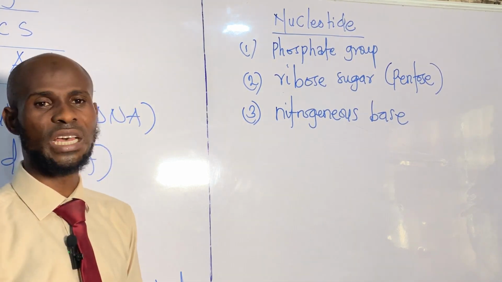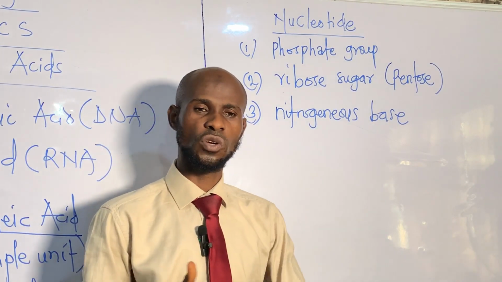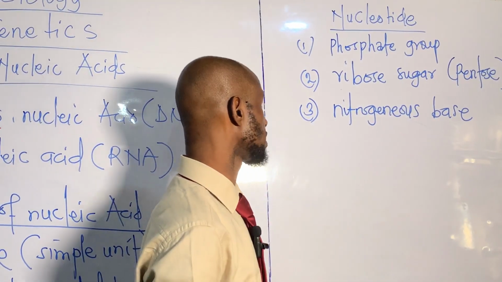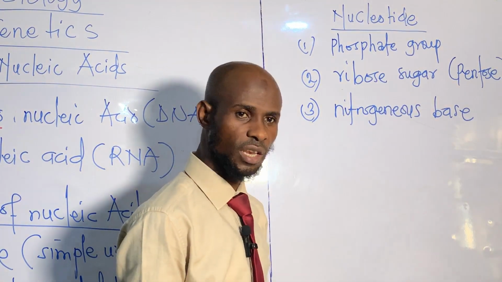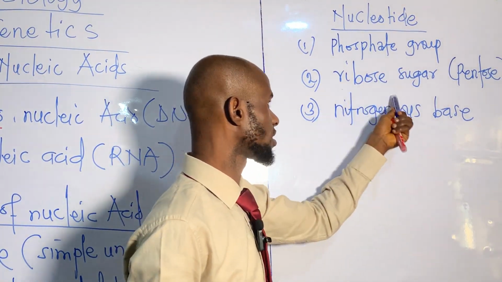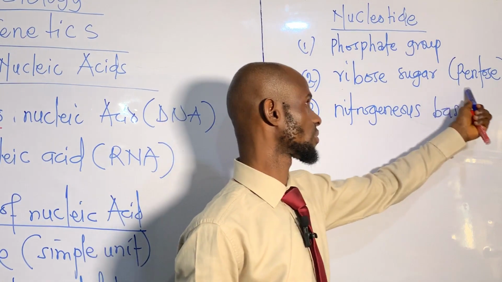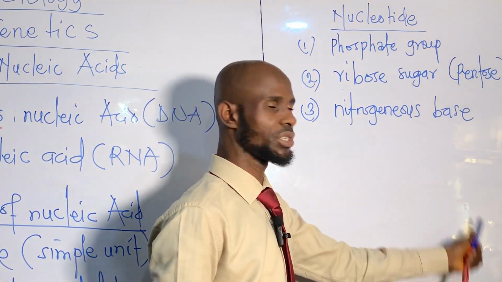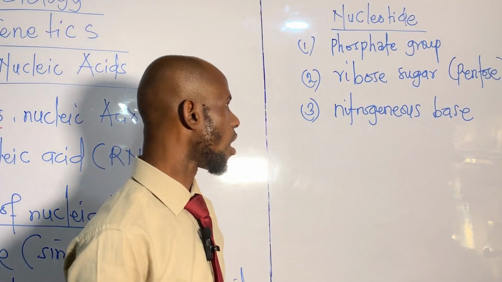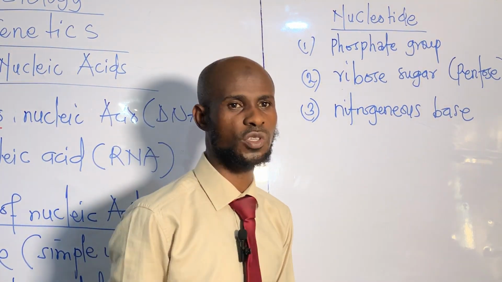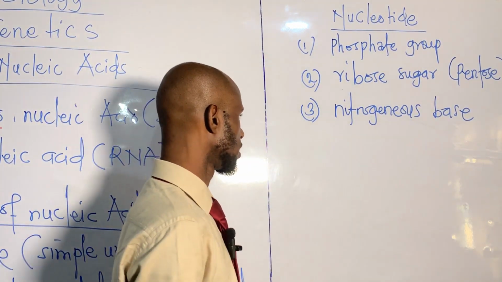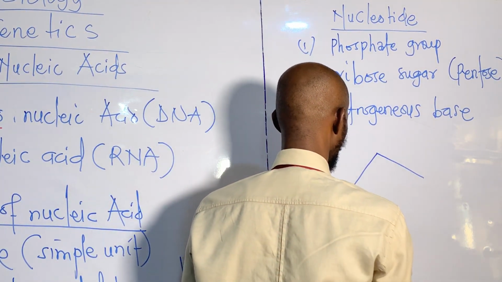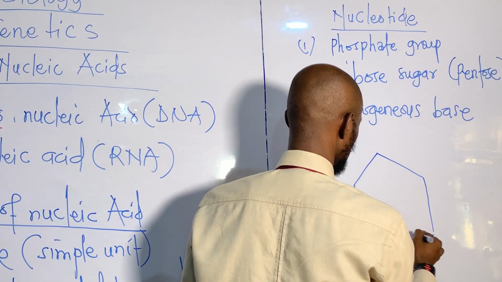So we said that the nucleotide is the simple unit of the nucleic acid, and each nucleotide has three parts. The first part is the phosphate group, which is inorganic in nature. The second part is the ribose sugar, and it is the pentose sugar. Then we have the nitrogenous base. Let's draw a simple structure of a nucleotide. Let's start with the pentose sugar.